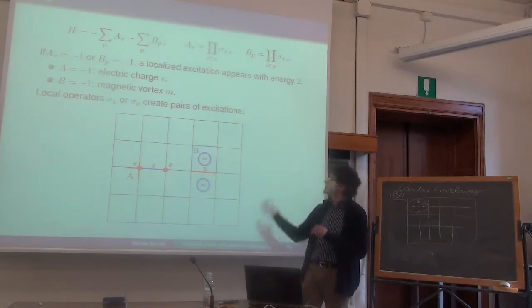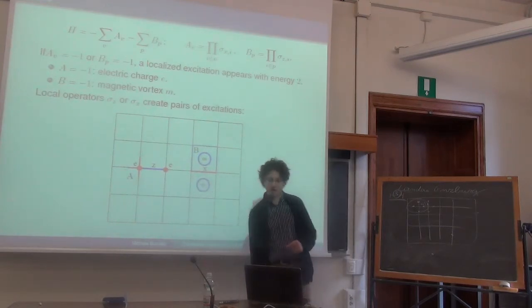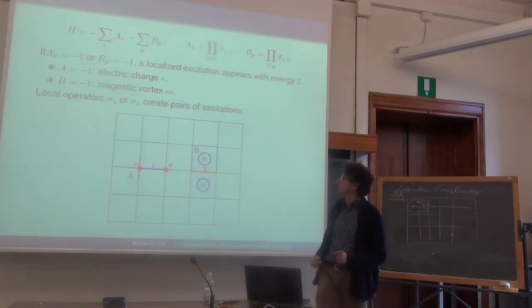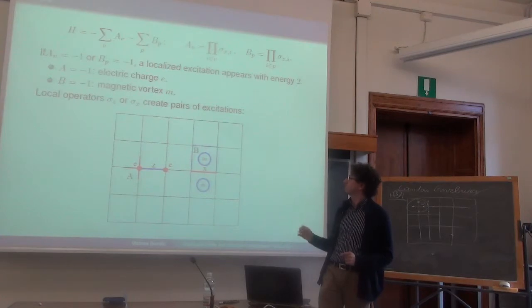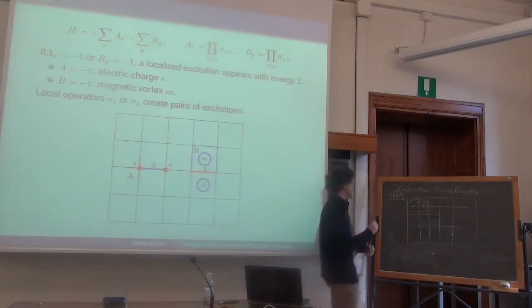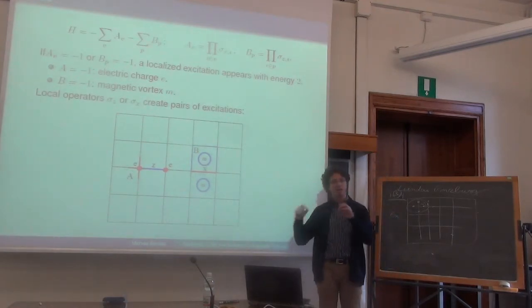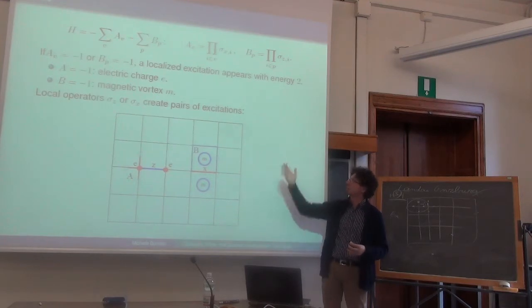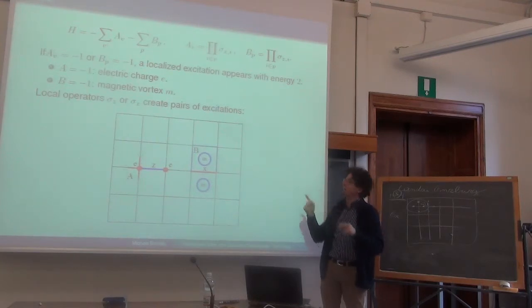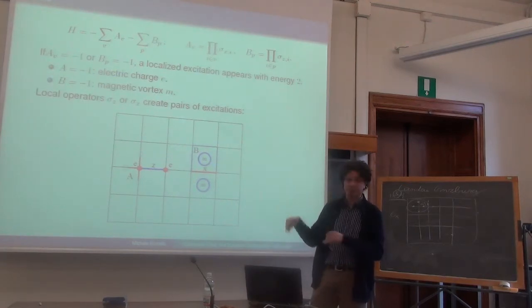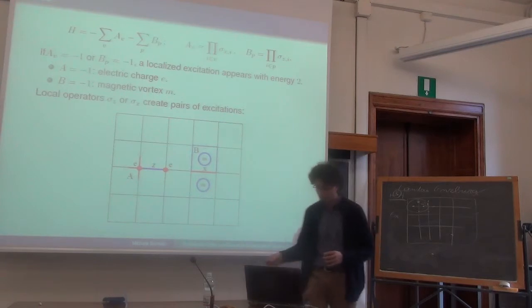This picture of electric charges and magnetic vortices is related to the fact that we will see there are phases which appear once we move these excitations one around the other. But the important thing is that once you apply a single elementary operator like sigma x or sigma z, you are creating pairs of these excitations, and the energy of the system becomes essentially 4, because each excitation has an energy 2 over the ground state, and you are always creating pairs of excitations.